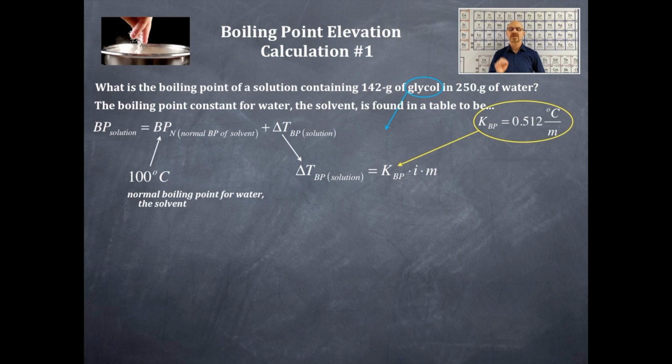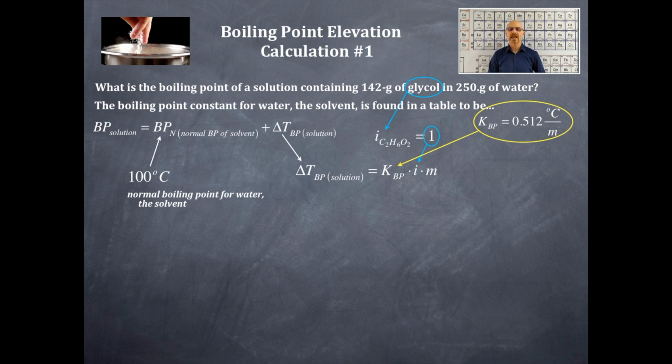The solute is the ethylene glycol, and we need to know its formula: C2H6O2. You can look at my previous video to see how we calculated the Van't Hoff factor. Ethylene glycol is a molecular compound, and therefore it does not dissociate. It dissolves in water, and the Van't Hoff factor for this is 1, and I'm going to plug that right into the equation.